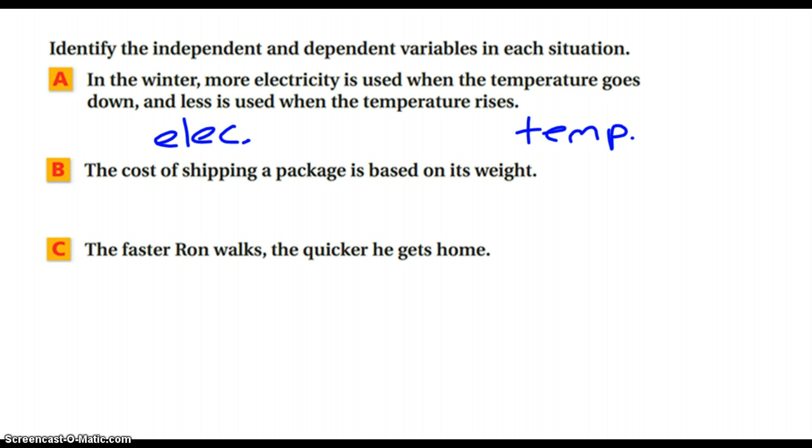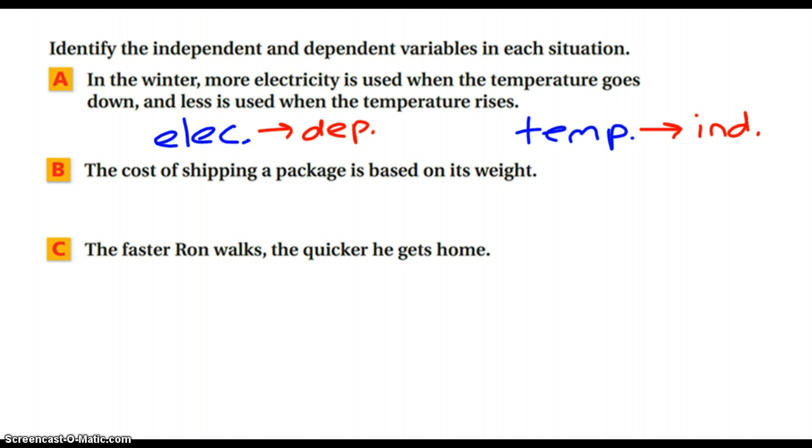Alright, so we have to figure out which one depends on the other. It says that the electricity is used when the temperature goes up or down. So the electricity being used will depend on what the temperature is. So this is my dependent, and temperature is the independent. So since the electricity depends on the temperature, that is the dependent variable.